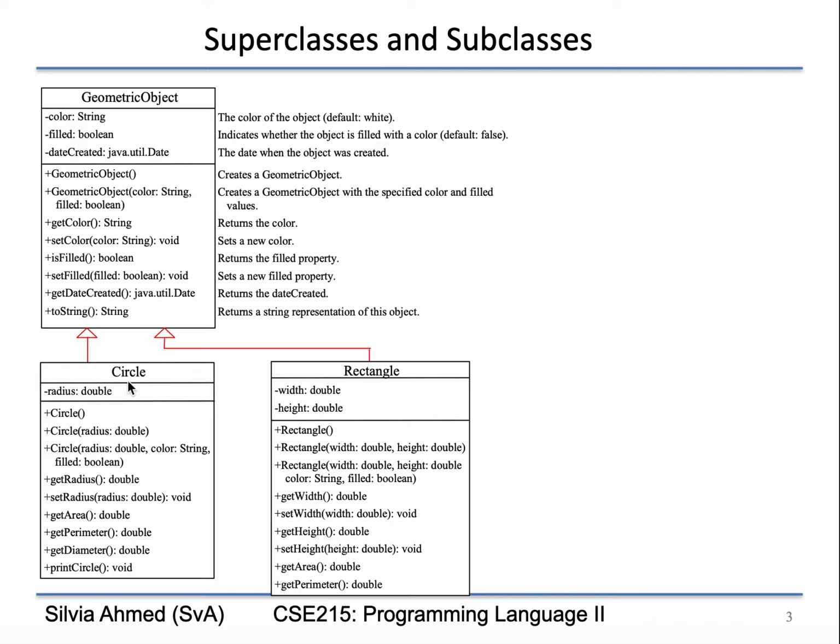So here circle and rectangle are the child classes or subclasses of geometric object. This parent-child relationship, or extending relationship, is known as inheritance.